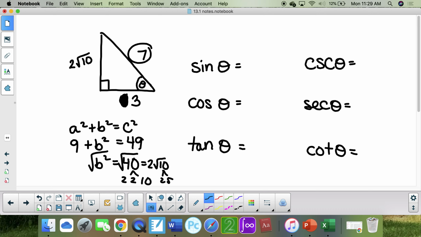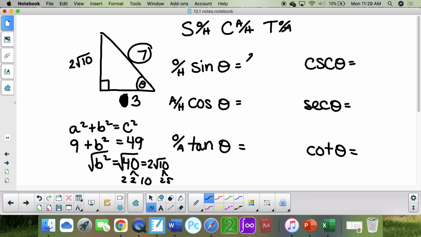So, once I have my triangle set, I'm going to do the O and the H, the A and the H, and the O over the A. I like to put the SOH CAH TOA. So the sine is opposite, 2 root 10, over the hypotenuse, which is 7.